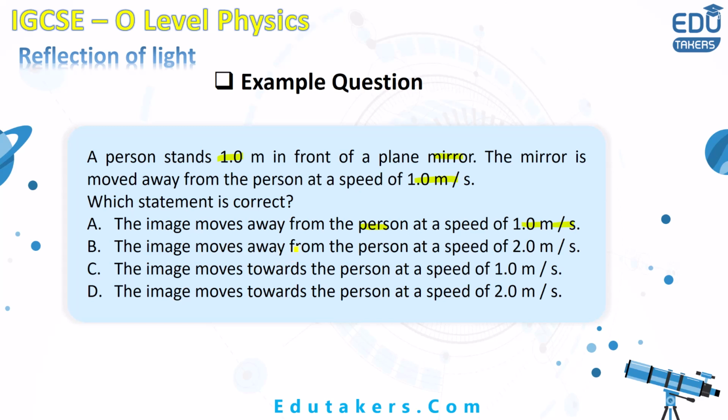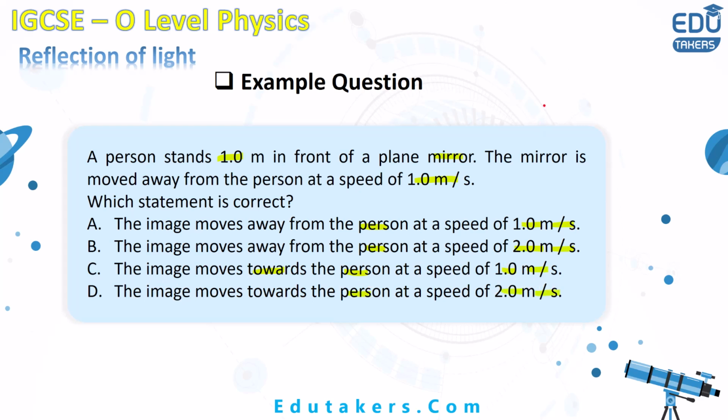B. The image moves away from the person with the speed of 2.0 meter per second. Answer C. The image moves towards the person at the speed of 1.0 meter per second. D. The image moves towards the person at the speed of 2.0 meter per second.